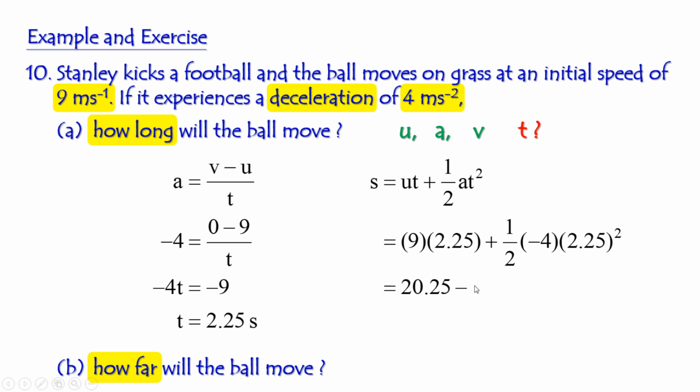Then you can find the distance traveled by the ball, which is equal to 10.125 meters. You can give me this answer as the exact value, or you can correct it to 3 significant figures and write down 10.1 meters. Either of them is correct.